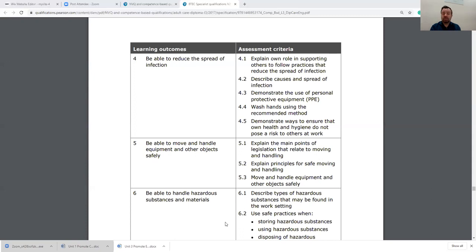4.5 is about demonstrating ways to ensure that your own health and safety and hygiene does not pose risk to others. So for you to demonstrate this, we need to be aware about our own health and well-being. Therefore, if I'm not feeling well, if I feel that I have a temperature, if I feel that I have a cough or a sneeze, I should stay away from clinical areas. Maybe I need to wear a face mask if I'm sneezing.